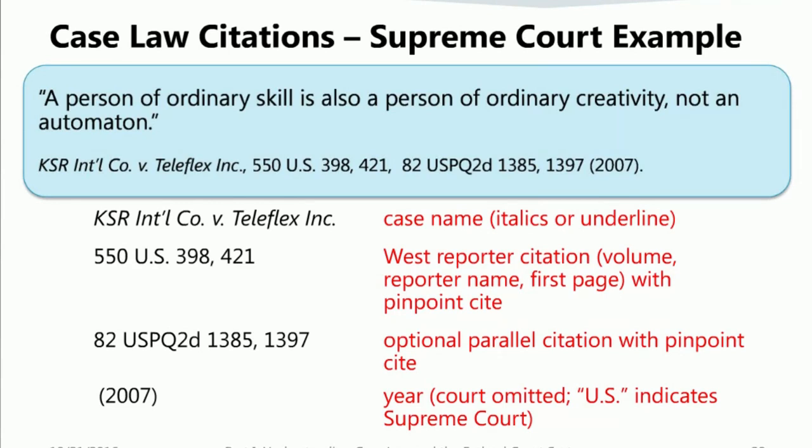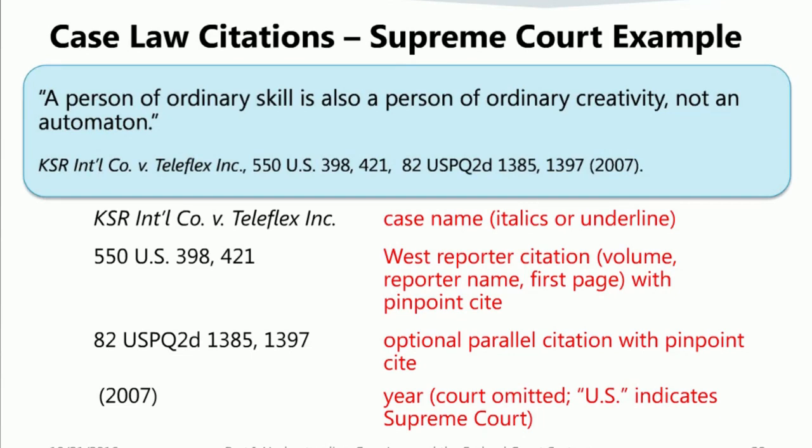This example includes a parallel citation to another reporter. In other words, more than one publisher has published this decision, and you can look at either publication to read the case. Once again, the first number, 82, represents the volume.